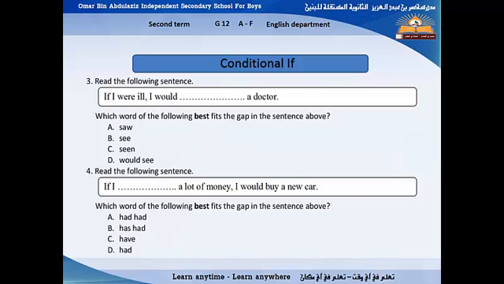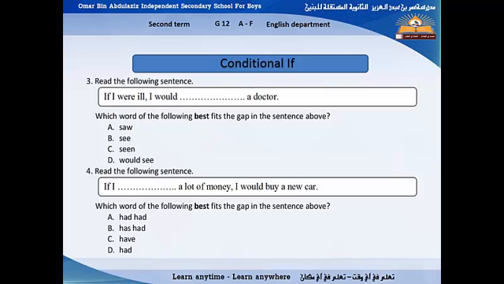So in the second case, which tense follows if? It's past simple. So where is the past simple in these sentences? We have had, which is past perfect. We have has had, present perfect. We have have, present simple. And we have had. So the right answer is had.